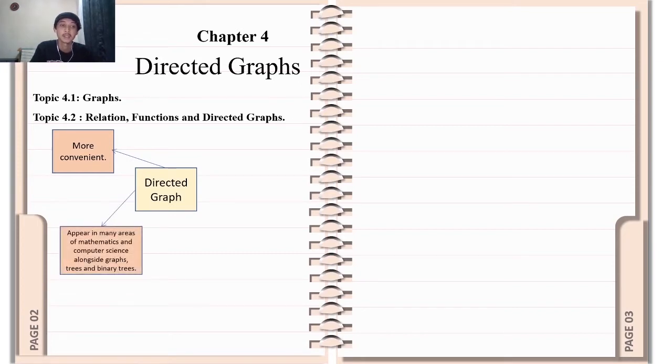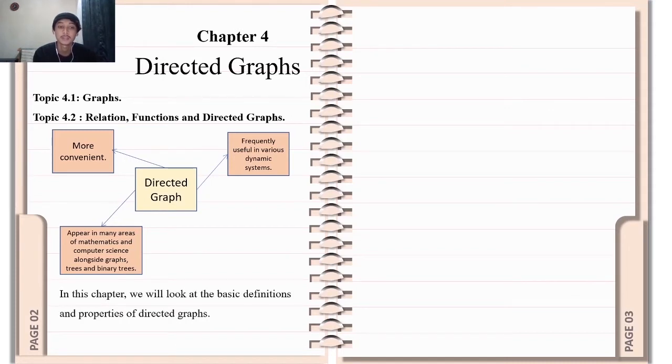Second, directed graphs appear in many areas of mathematics and computer science alongside graphs, trees, and binary trees. Third, directed graphs are frequently useful in various dynamic systems. In this chapter, we will look at the basic definitions and properties of directed graph.